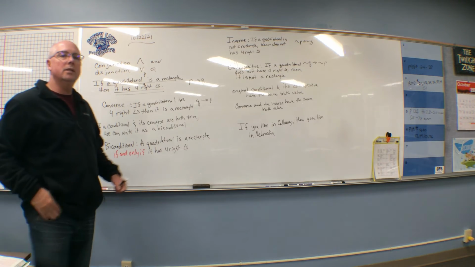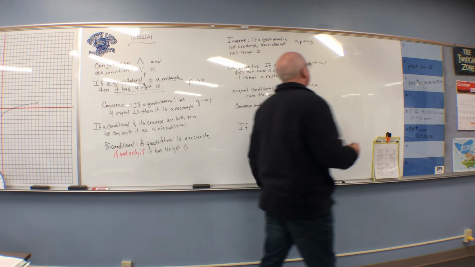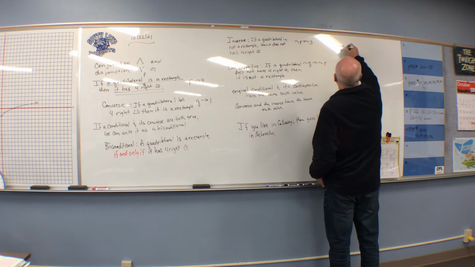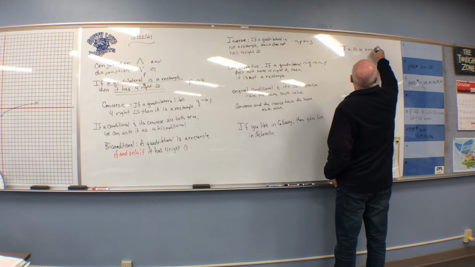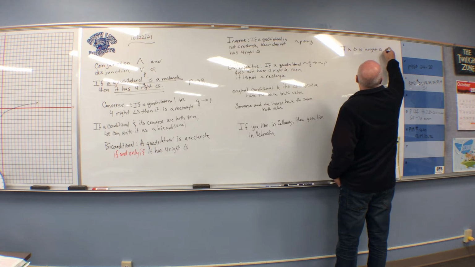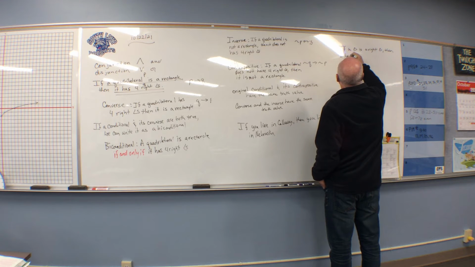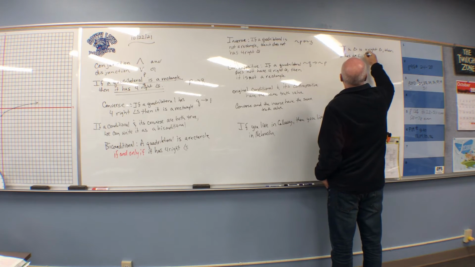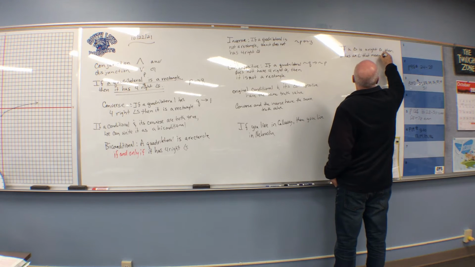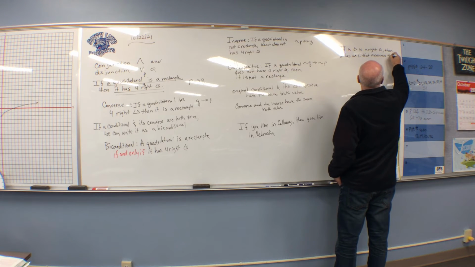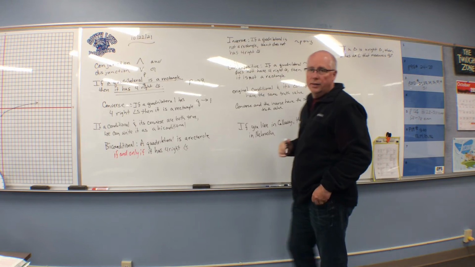So what's the conditional? If a triangle is a right triangle, then it has an angle that measures 90 degrees.